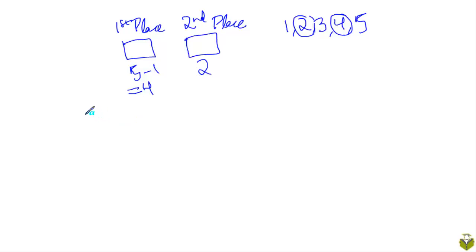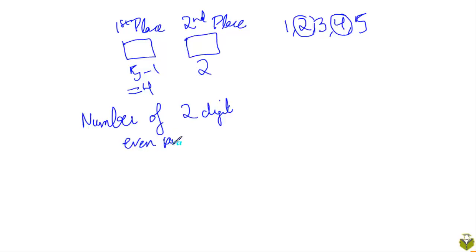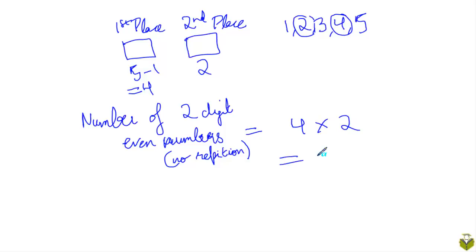So again, the number of two-digit even numbers with no repetition is equal to 4 multiplied by 2, right? Just like before, but here the choices are 4. Like I said, one number is used for the second place, so you just have one less choice. So 5 minus 1 is 4.